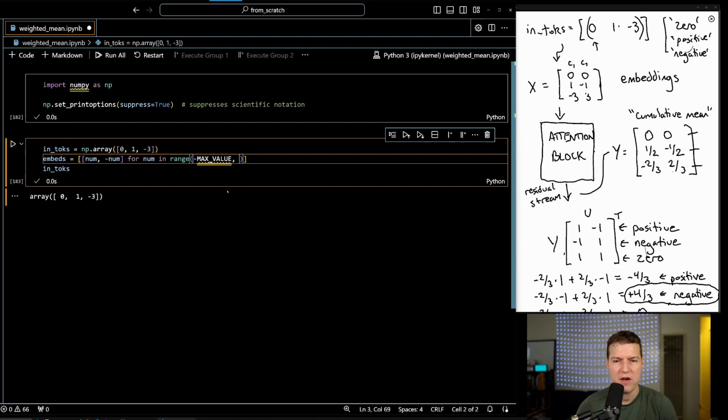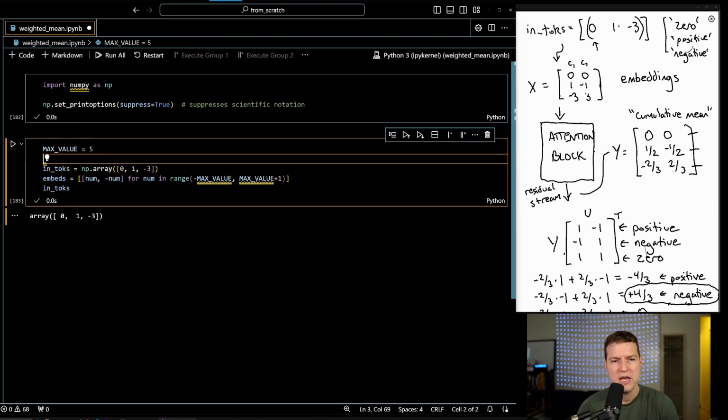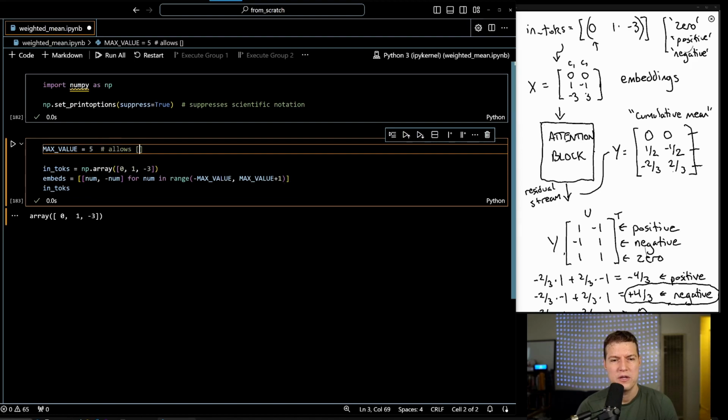This will go from -5 up to +5. Remember, these ranges are exclusive on the upper end, so I have to go to +1 to capture up to 5. So our max value we'll set to 5, and this will allow -5, -4, -3, -2, -1, 0, and then 1, 2, 3, 4, 5. So this is 11 tokens in total.